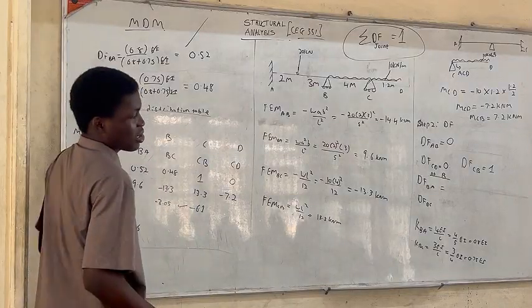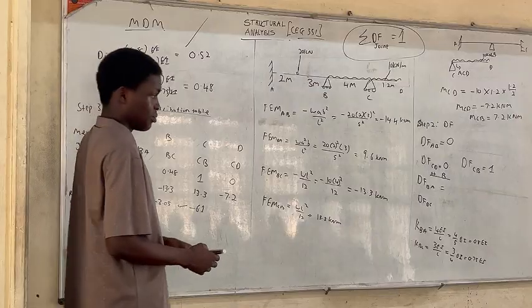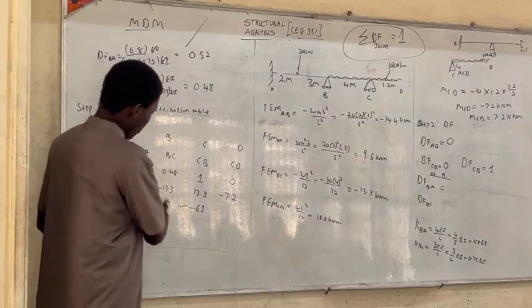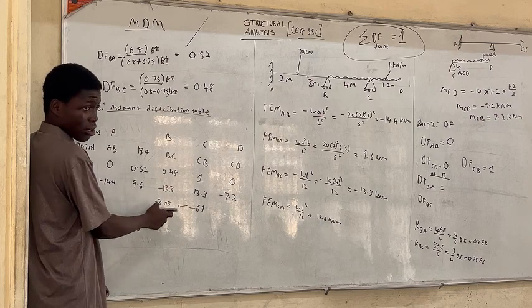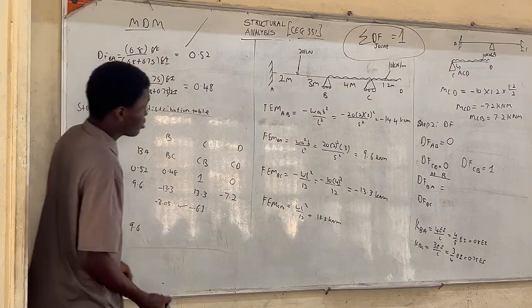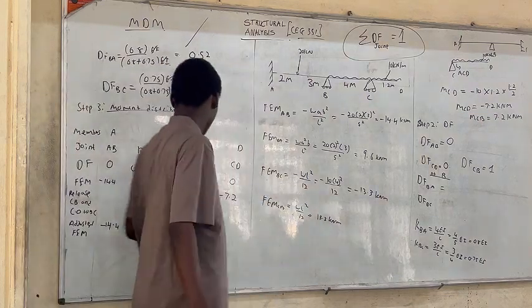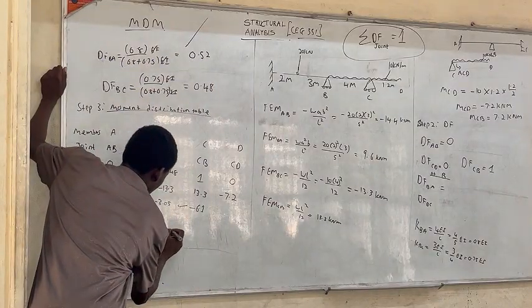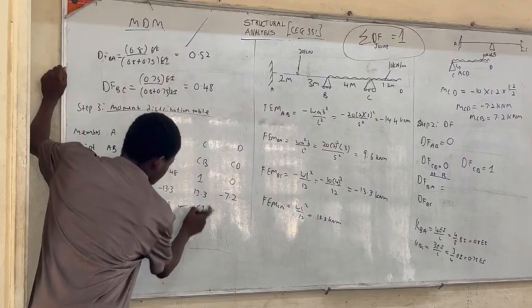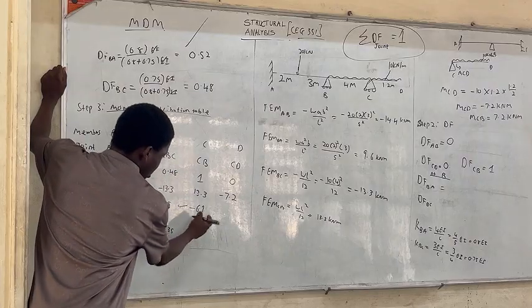So this is happening because we are having a positive value. Minus 13.3 minus. Yeah, it's minus now. It's minus. Minus 16 minus 1. Now just add it together. This minus this.